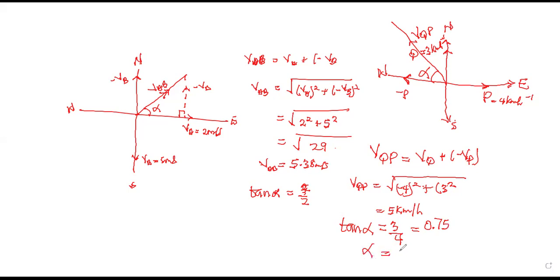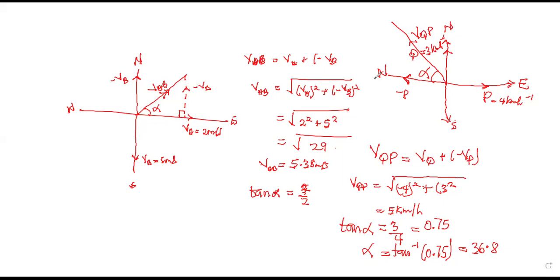What is the tan inverse of 0.75? Last quick one. Tan inverse of 0.75 is 36.8. But when you look at the answers and look at the direction, it's within northwest.